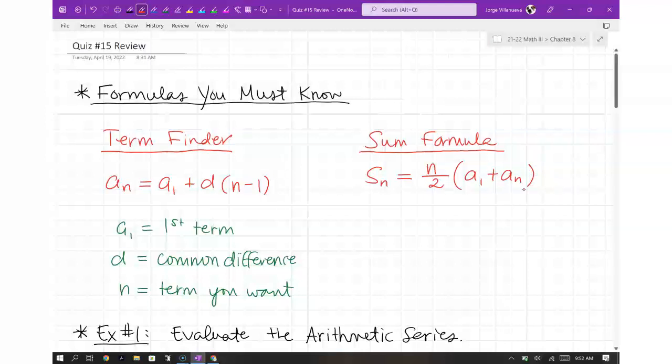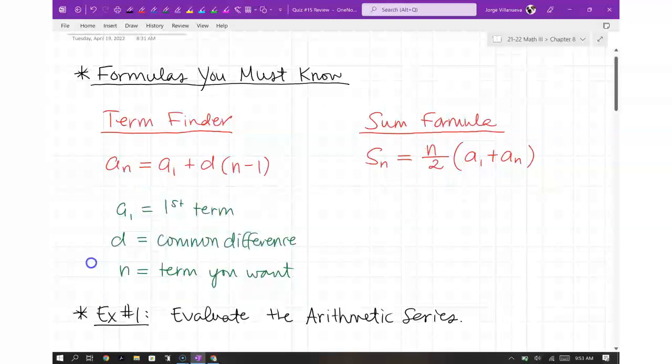So if you wrote S sub 5, you're looking for the sum of 5 terms. If you wrote S sub 7, you're looking for the first 7 terms added together. Okay? So the definitions in green still apply to the stuff over there on the right side. But those are the two formulas that you have to know how to use. If you can use those, you'll be fine during the test. Okay, no problem. Well, assuming your calculations are okay. I mean, if you don't make a mistake on your calculator or something like that, you should be okay.